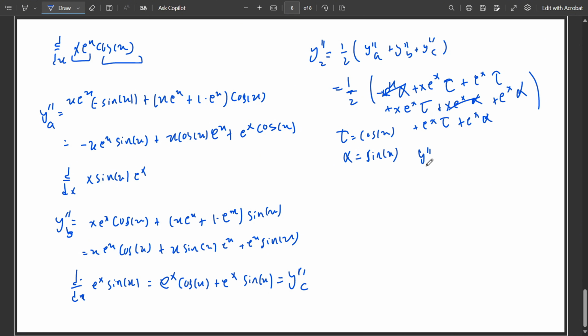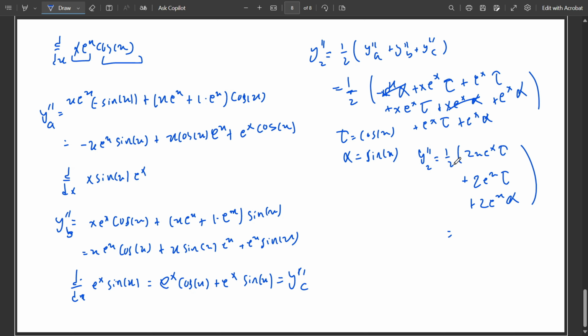So y double prime 2 is a half times 2x e to the x tau plus e to the x tau, which we can combine with this one, so we have 2 e to the x tau, plus e to the x alpha plus 2 e to the x alpha.